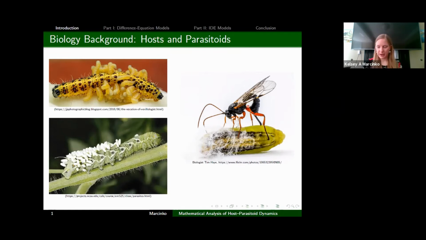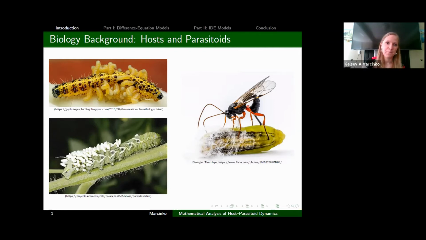And so they're very prevalent and they play an important ecological role in regulating the populations of their host species, which can often be agricultural pests. And so there's interest in understanding how these two species interact, and can we predict the types of interactions there.